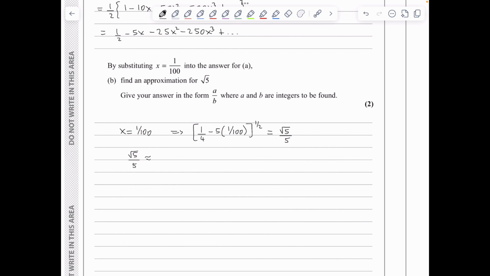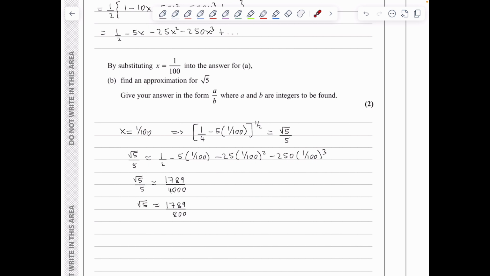So this is approximately a half minus 5 times 1 over 100 minus 25 times 1 over 100 squared minus 250 times 1 over 100 cubed, and therefore we arrive at root 5 over 5 being approximately 1789 over 4000, and if I cross multiply, I get root 5 to be approximately 1789 over 800. That's my answer for the approximation of root 5.